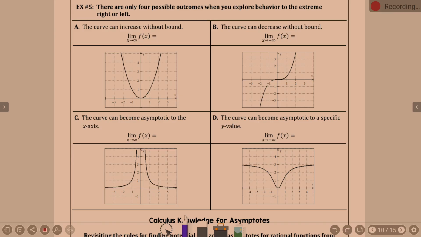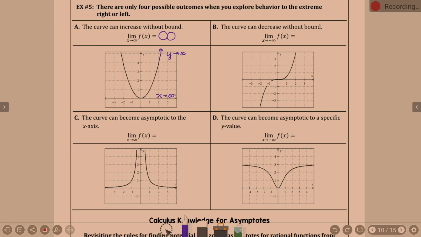So as x approaches positive infinity in this specific example, what is my limit of approach? Positive infinity, right? So as we go to the right, my graph is going up, and so y approaches positive infinity. So one possible outcome is positive infinity, and that would be the curve increasing without bound.